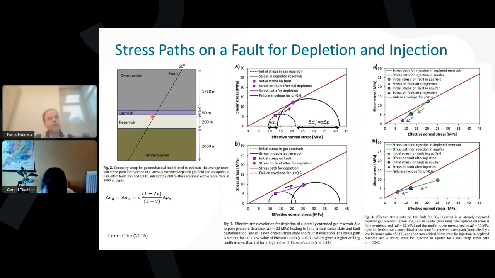Does injection rate play any role in a change of stress state? Injection rate, yeah, I would say yes, because your injection starts from the wellbore, and so if you inject faster, you get a higher bottom hole flowing pressure in your wellbore, and that leads to a higher pore pressure near the wellbore.